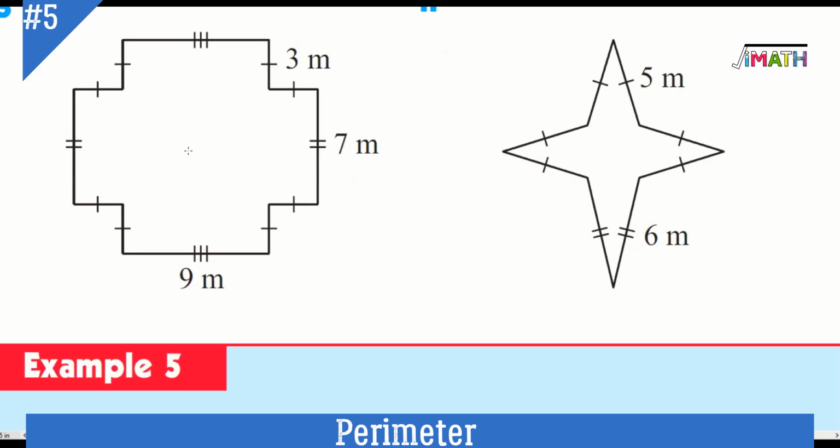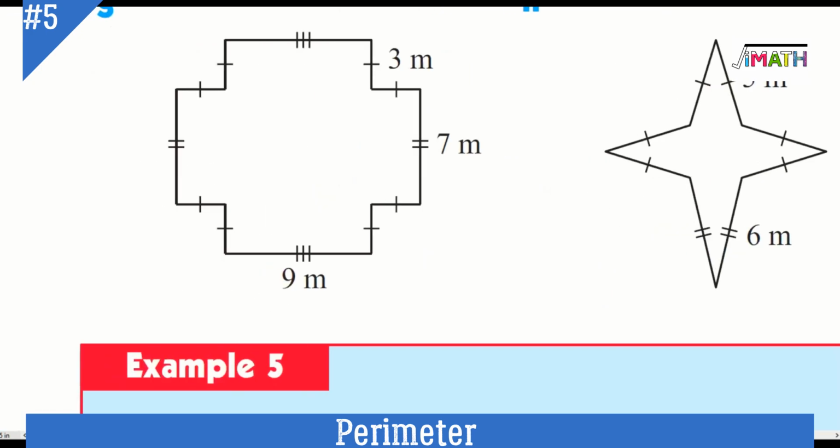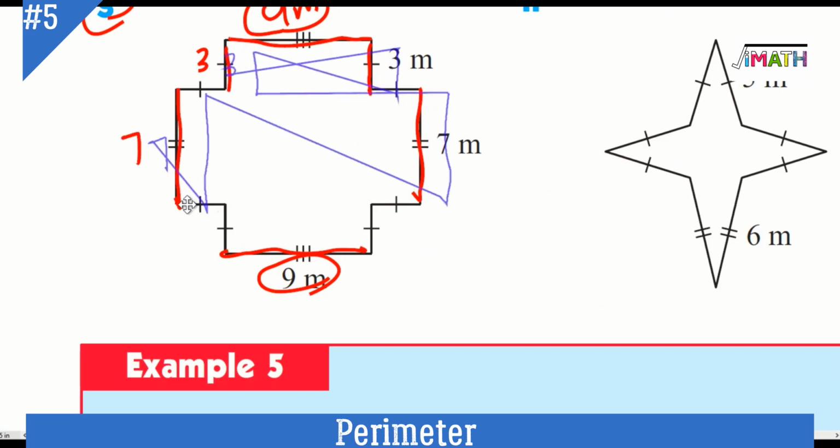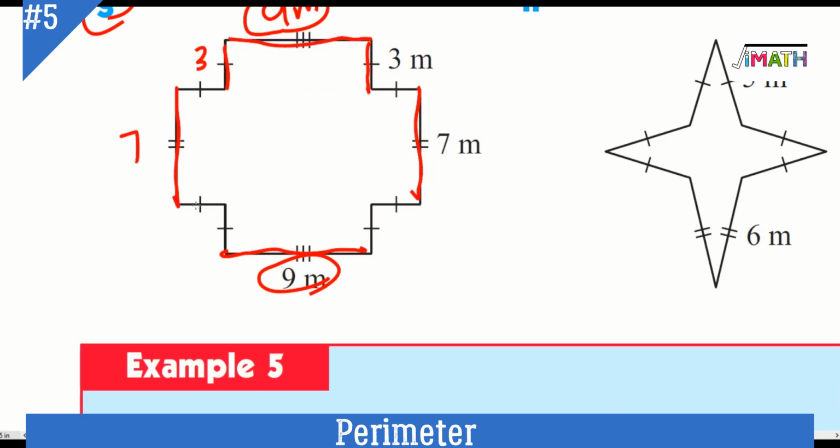So can you find the length, the total perimeter of this figure? 53. Okay. So is there any length unknown to you?